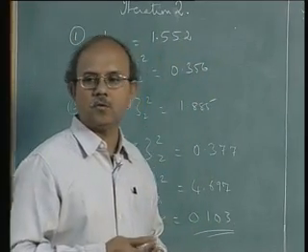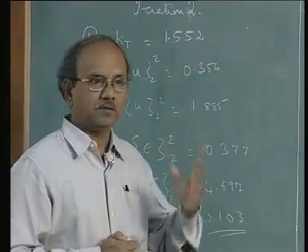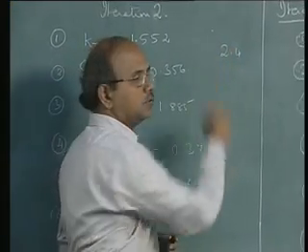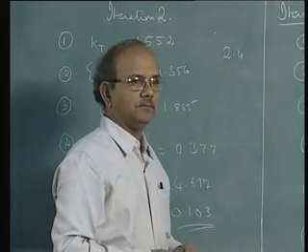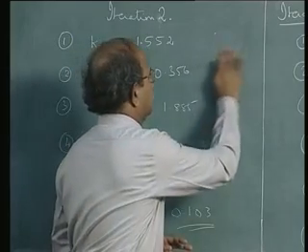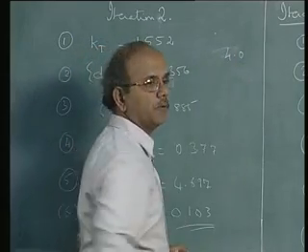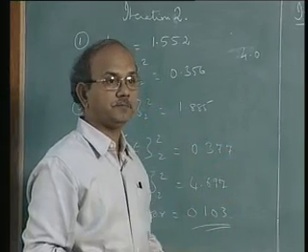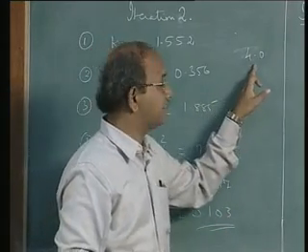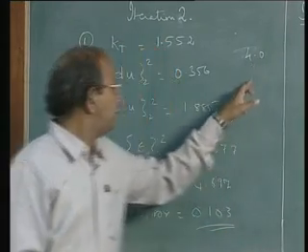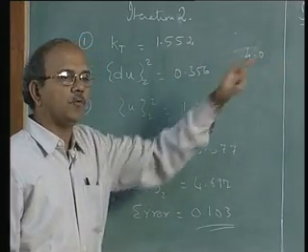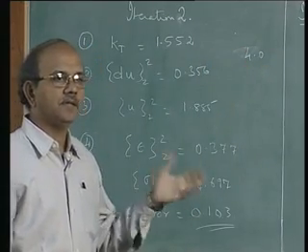If you remember, it was 4.0. So we started from 4.0. Look at the way kts have dropped: 4.0, 1.552, and now we have got 0.816.